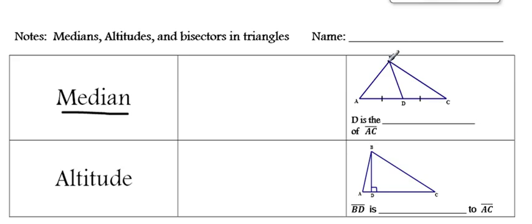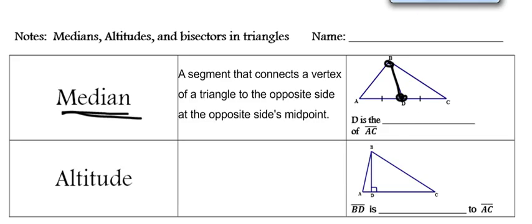It's connecting the vertex B to the opposite side at D. And because it's a median, D is the midpoint of segment AC. So in this picture to the right, AD and DC are congruent, and D is the midpoint of AC.